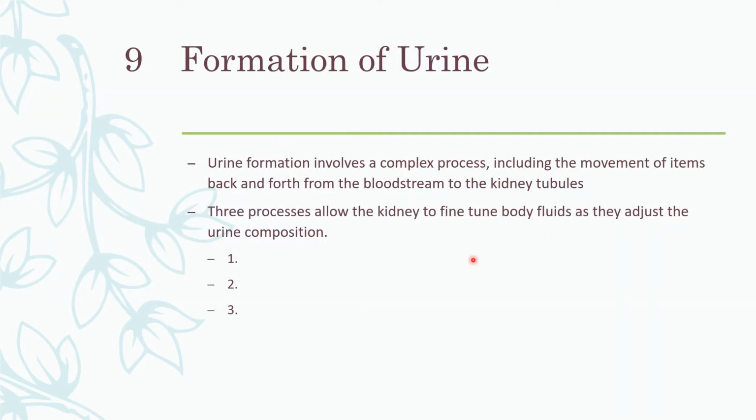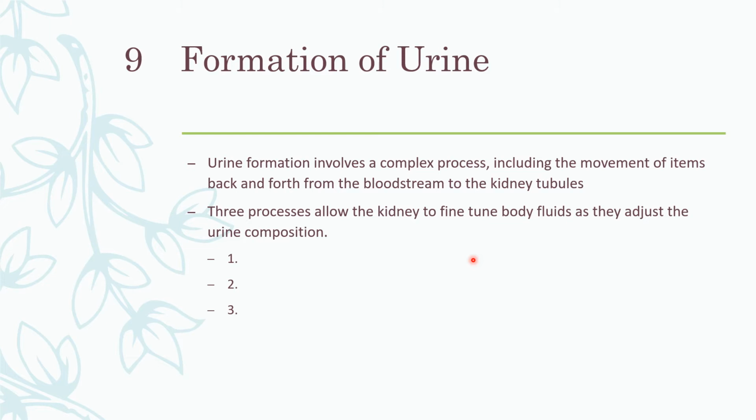Okay, so formation of urine. So urine formation is pretty complex actually, and it involves us moving items back and forth from the bloodstream into the nephron and then vice versa. Okay, so again, we're going to move things in and out of that nephron, in and out of those tubules in order for us to determine what it is that we want to actually keep and what it is that we want to get rid of.